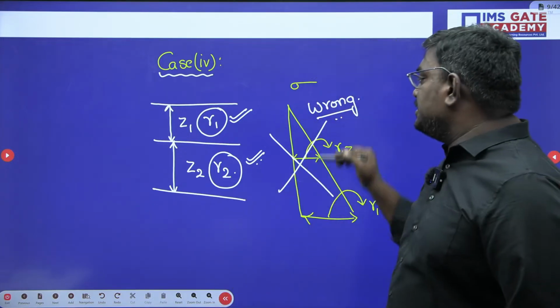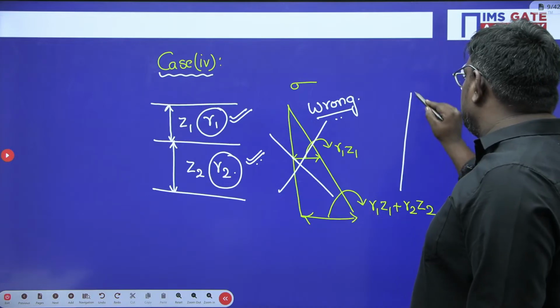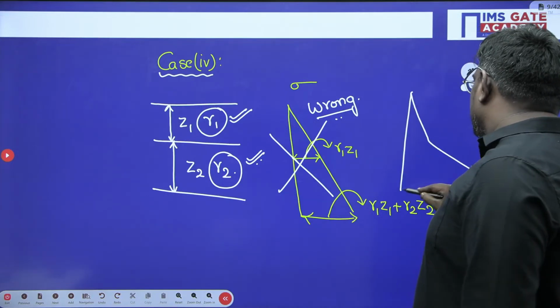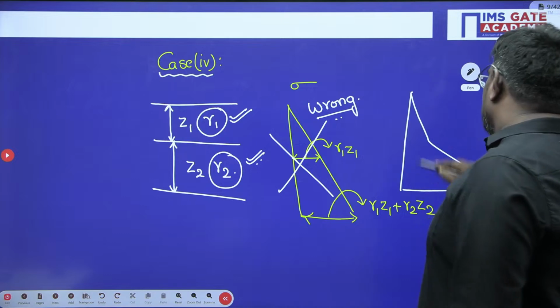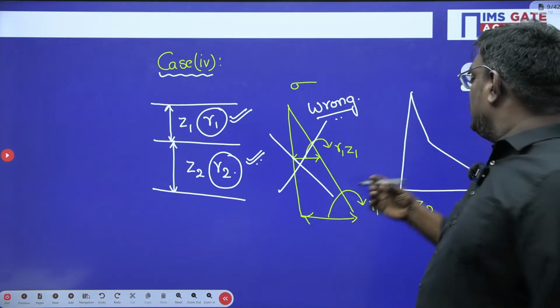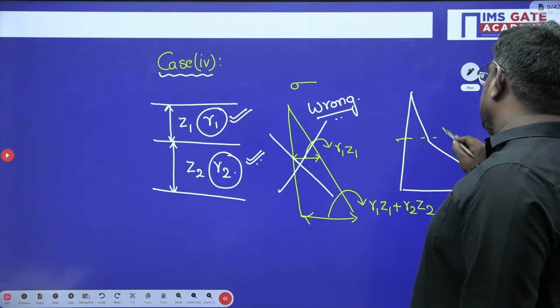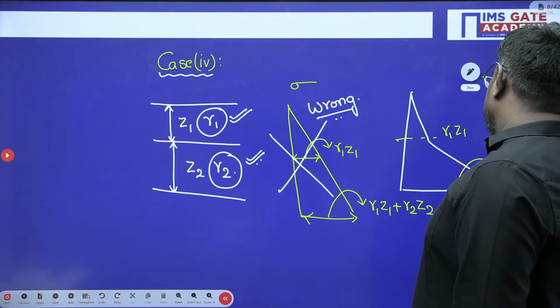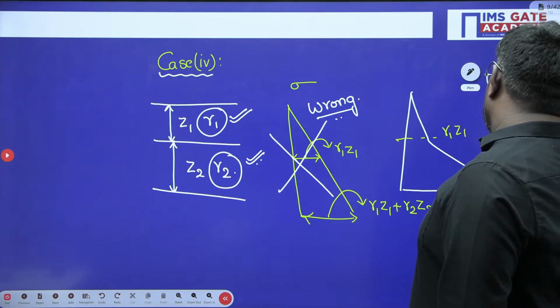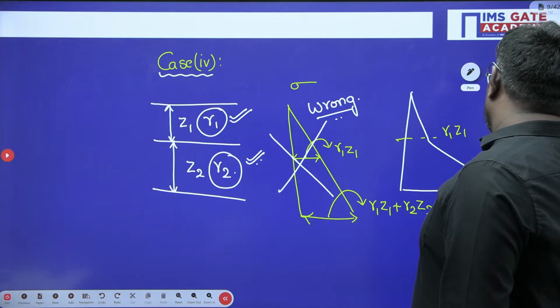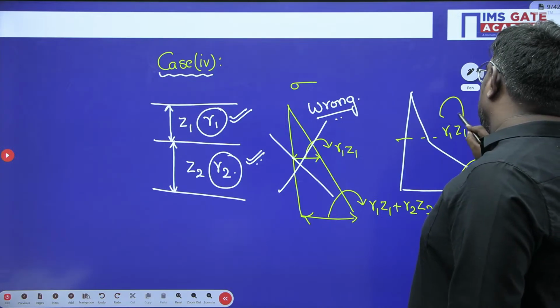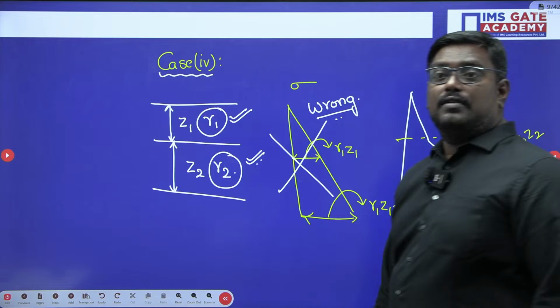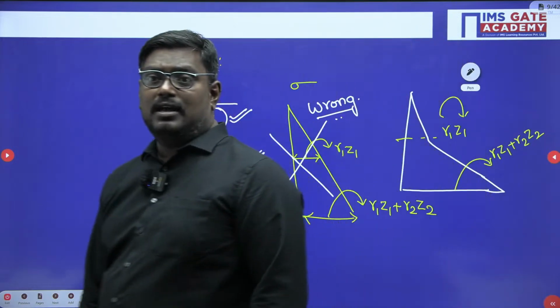Due to the slope changing, this is how the diagram looks. Here it is gamma 1 Z1, and here it is gamma 1 Z1 plus gamma 2 Z2. You can write a note that the slope changes. Is this clear, sir? I hope you are clear.